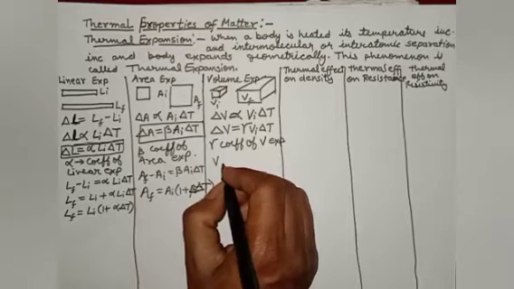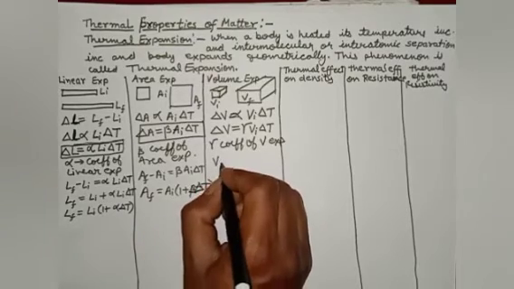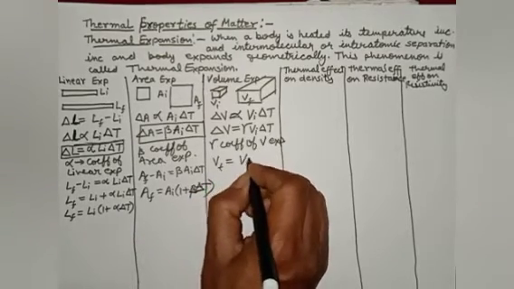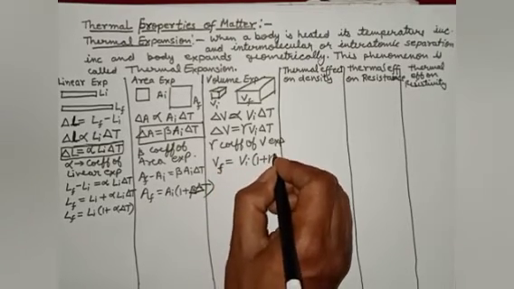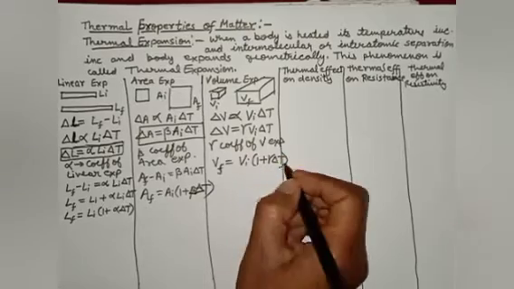So finally, I'm directly writing this: Vf is equal to Vi (1 plus gamma delta T).